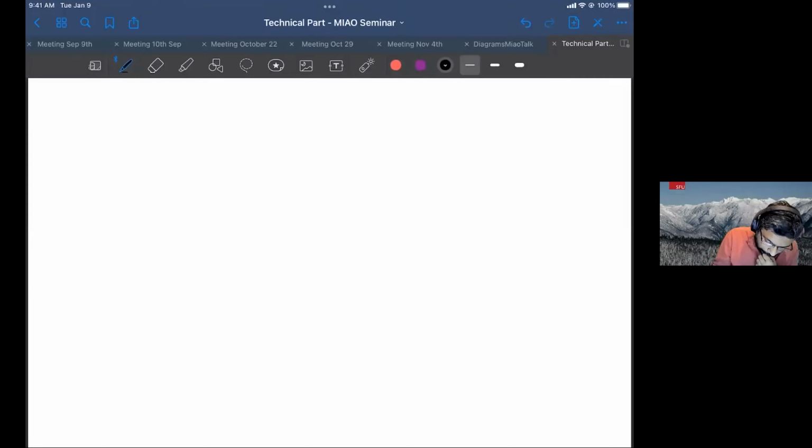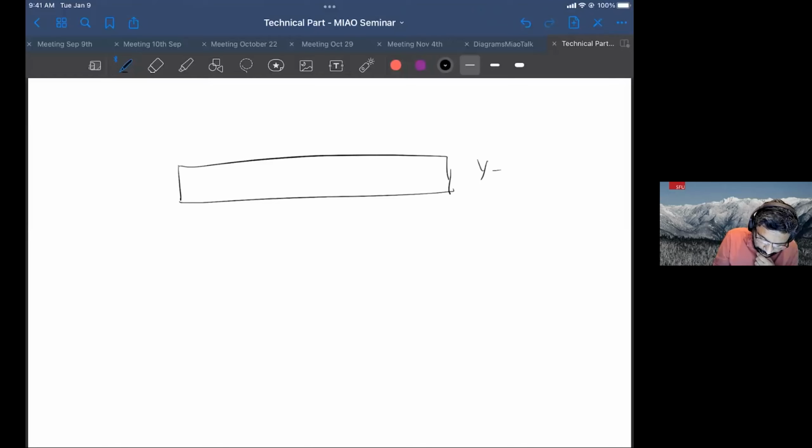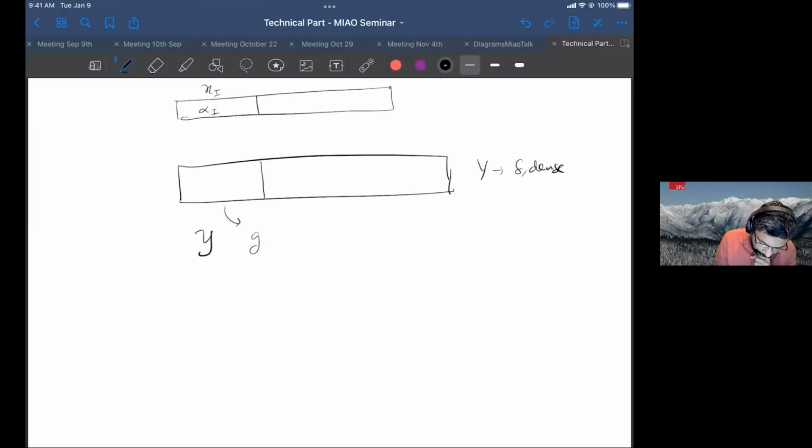Okay, so we are looking at some y which is already delta dense, and we fix some xi to be alpha I. We are worried about what happens on conditioning on phi I equals zi.